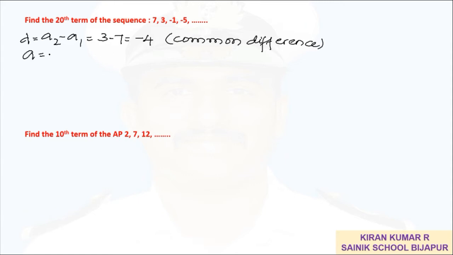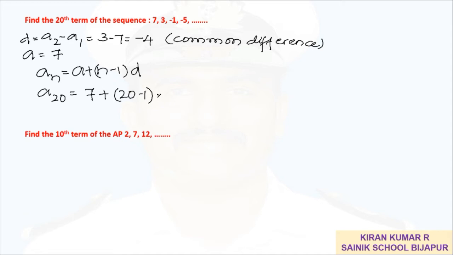Here the first term is 7. So to find the 20th term, I would like to use the formula a_n equals a plus (n minus 1) times d. Here a20 will be equal to the first term, nothing but 7, plus (20 minus 1) times the common difference, minus 4.